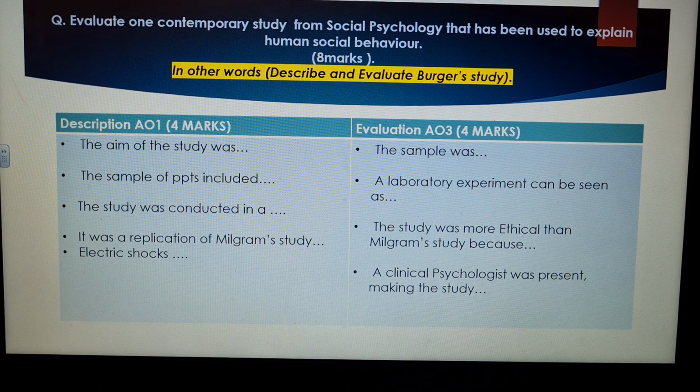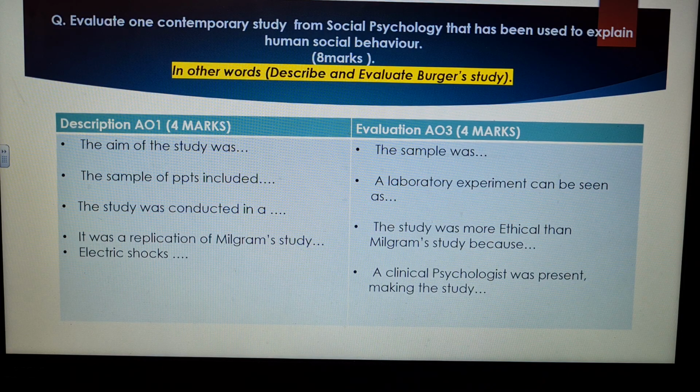So there was a range of different ways that Berger made sure that his study was more ethical than Milgram's study. And finally, he also used a clinical psychologist that was present in the study, and obviously this made it more ethical because they were obviously supervising all the trials, and they were obviously told to end the trials immediately if any of the participants did suffer from any distress in the experiment.